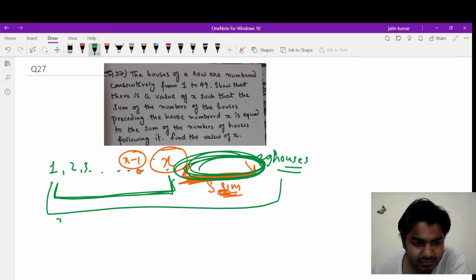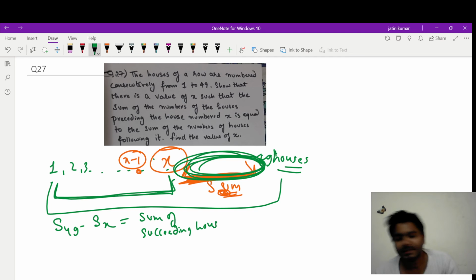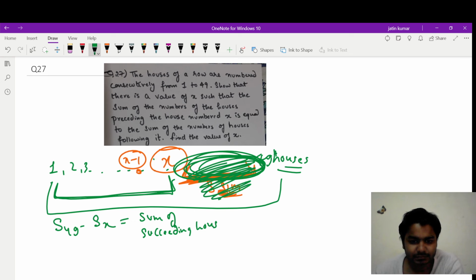If I subtract Sx from S49, will I get the sum of succeeding houses? Subtract the sum till house x from the sum of 49 houses, and you will get the sum of the succeeding ones.